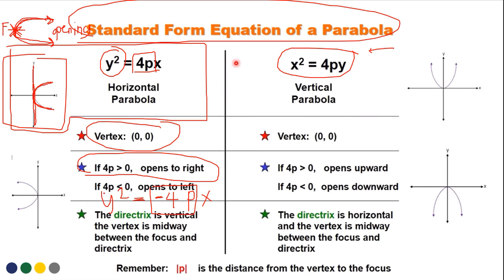Nandiyan na, if 4p less than 0 or negative yon, opens to the left. This is the graph. So, dalawang formula ang kailangan nyo i-memorize. The first is y squared is equal to 4px. Just add negative sa 4p mo to make it second formula or opens to the left.